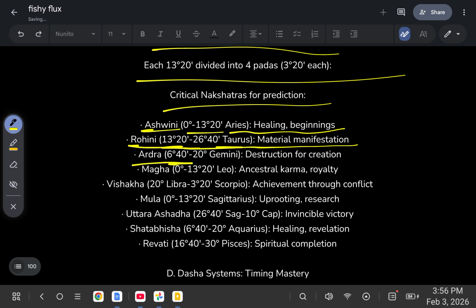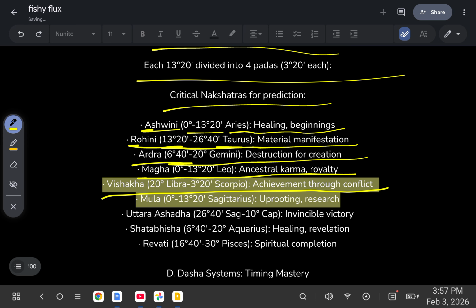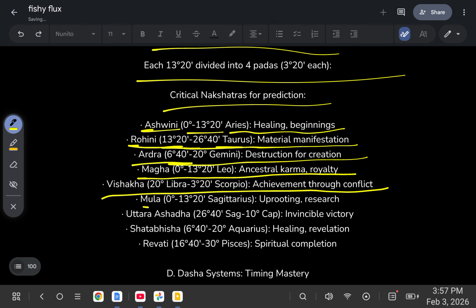Ardra, 6°40' through 20° of Gemini, destruction for creation. Magha, 0 through 13°20' of Leo, ancestral karma, royalty. Vishakha, 20° Libra through 3°20' of Scorpio, achievement through conflict. Mula, 0 through 13°20' Sagittarius, uprooting, research.